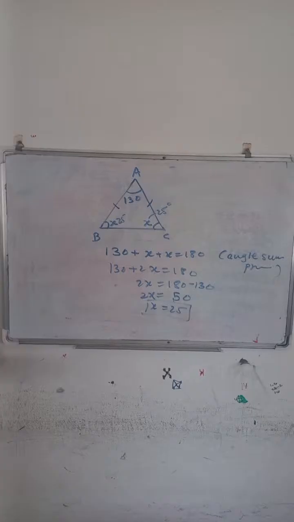Two angles of a triangle are of measures 150 degrees and 30 degrees.